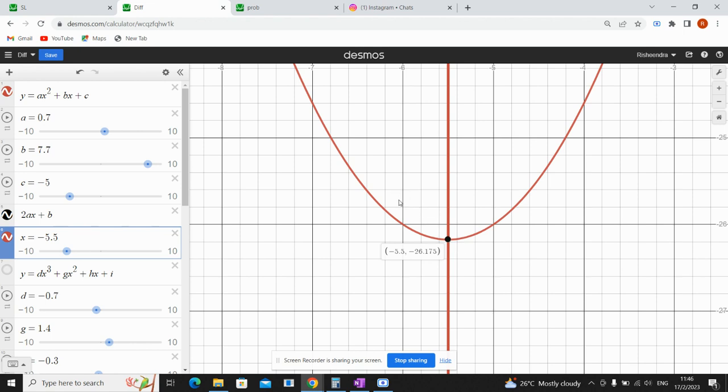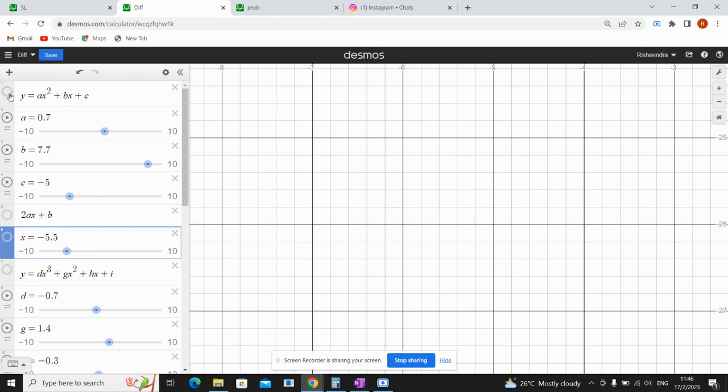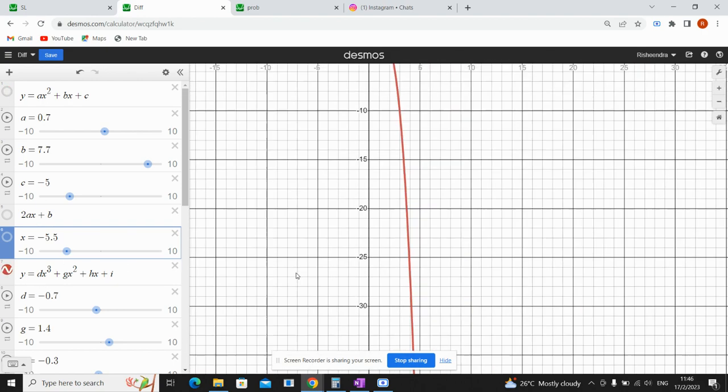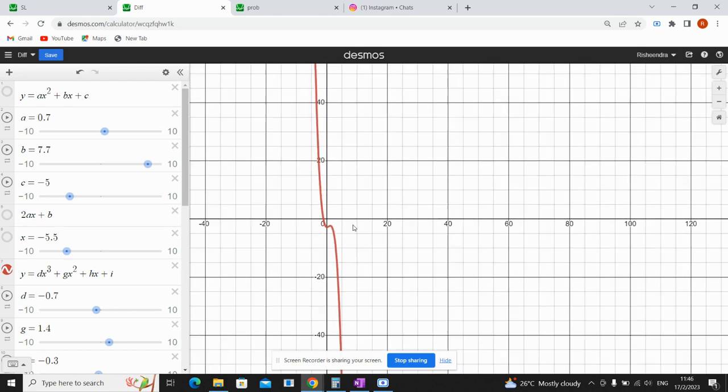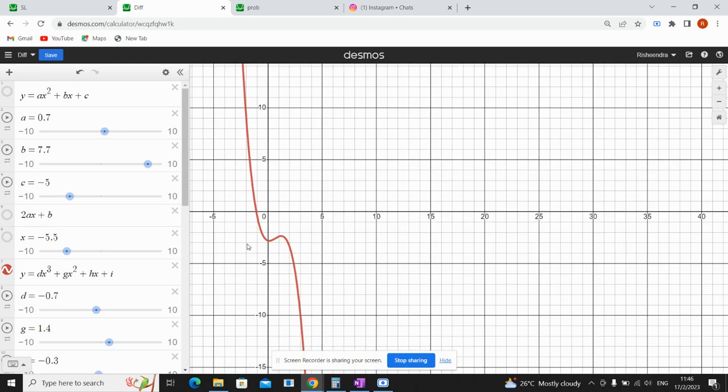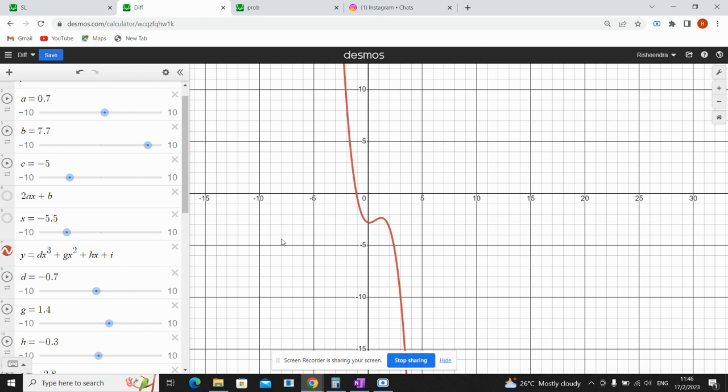The graph can look beautiful, right? Next, let's see how it works with a cubic graph. Look at the cubic graph, which looks like this. But there is a point we all might have observed: when we differentiate a cubic graph, the answer will be a quadratic graph.